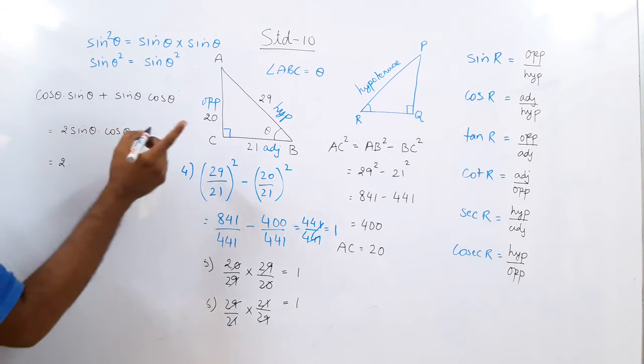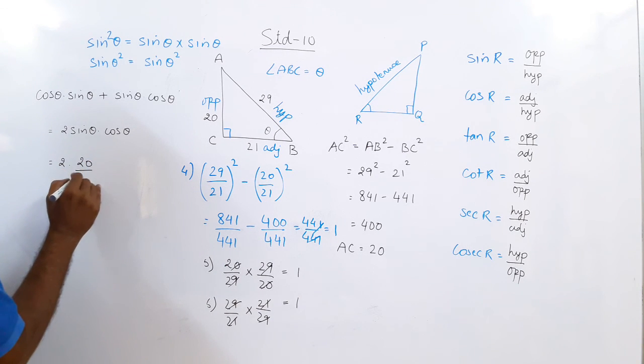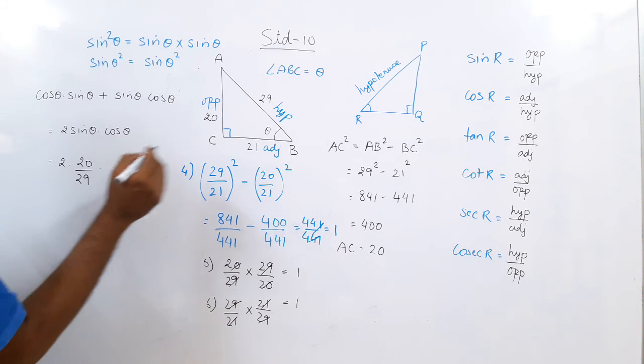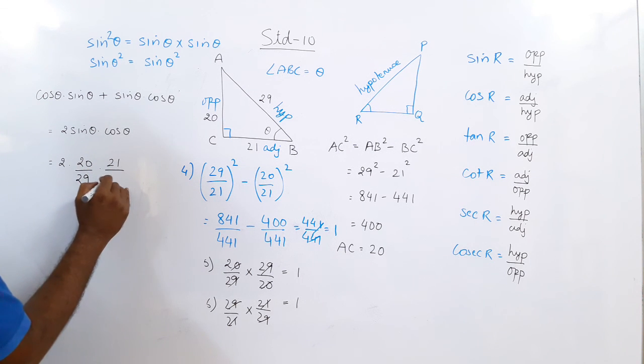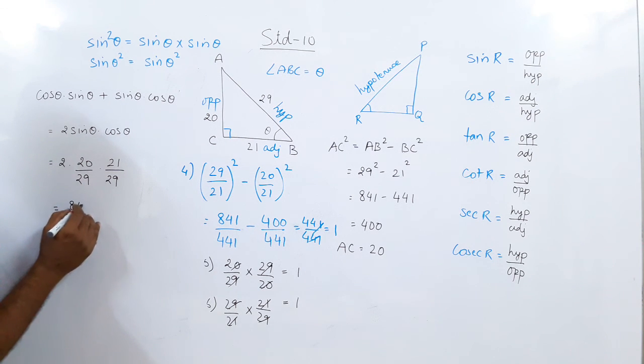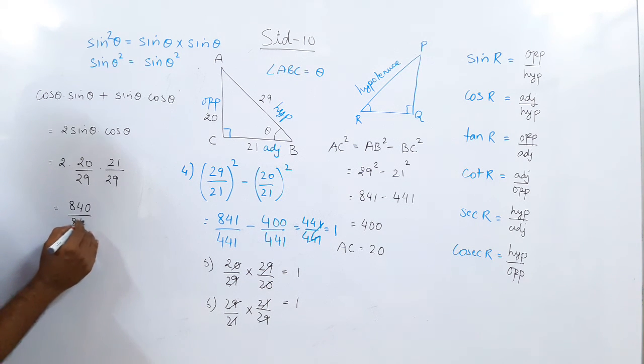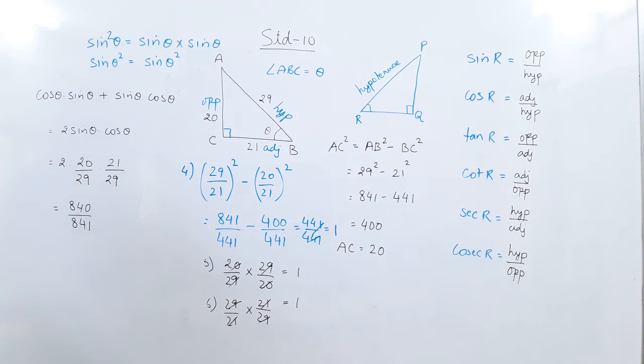What is sin theta? Opposite upon hypotenuse. So 20 upon 29 into cos theta, which is 21 upon 29. So what is the answer you get? 21 into 20 is 420. 420 into 2 is 840. And 29 into 29 is 841. So this is your answer.